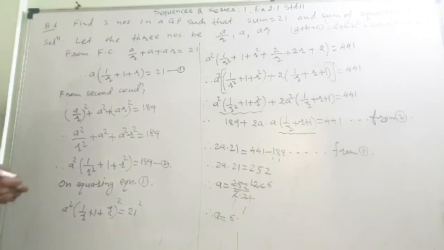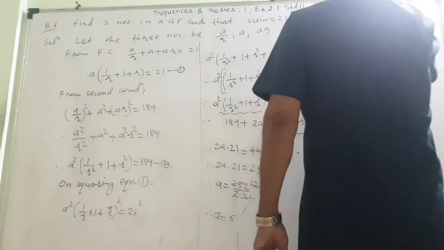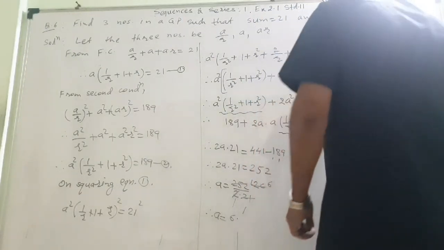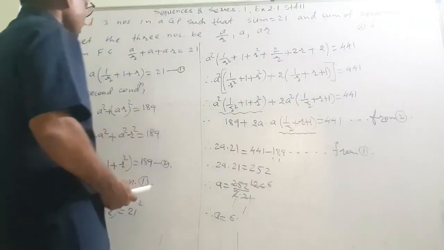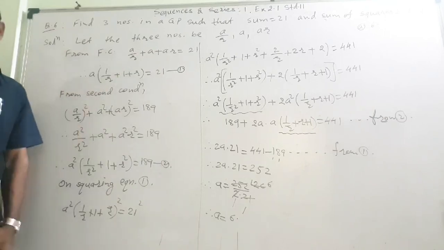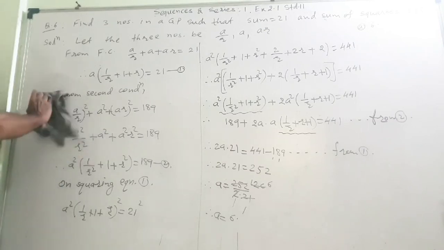So I got a. I am writing the formula: a is equal to 6. Now what do I want? I want r. In this equation, you put the value. Now I am writing this.